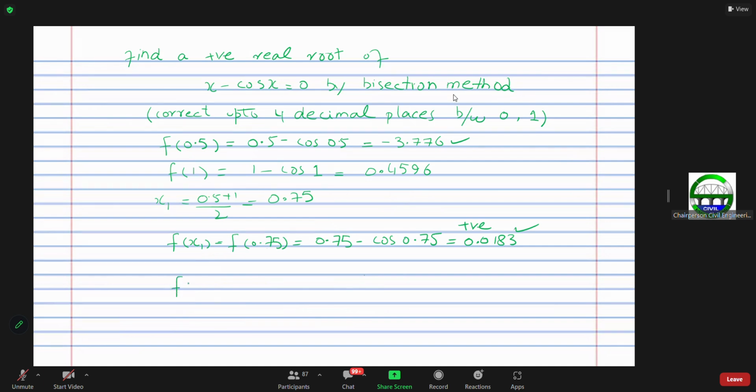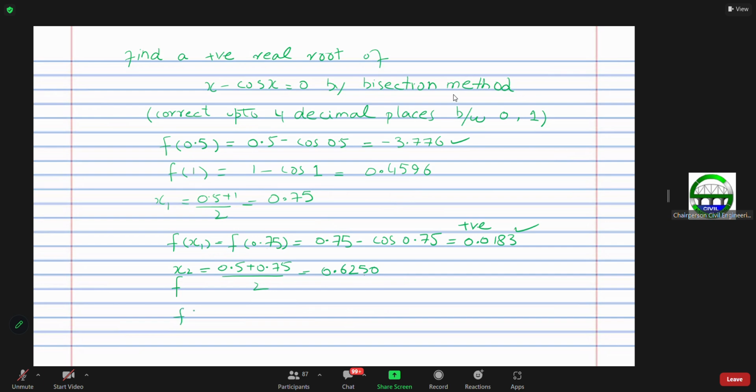So let's say x2 is equal to 0.5 plus 0.75 divided by 2, which is 0.6250.